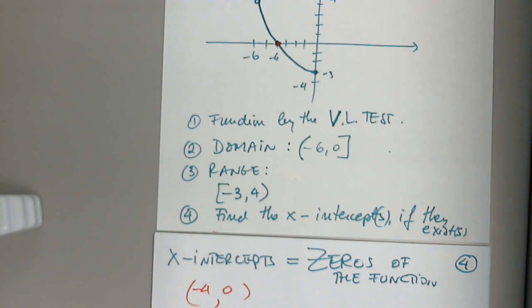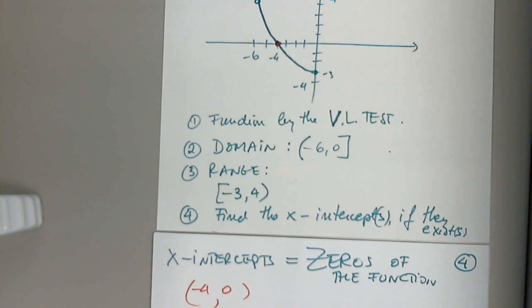The next question is number 5. What do you think I'm going to ask then? Of course, find the y-intercept, if it exists. Can a function have more than one y-intercept? No. Can a function have more than one y-intercept?